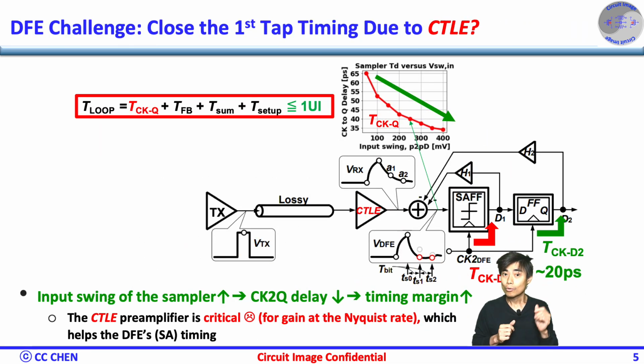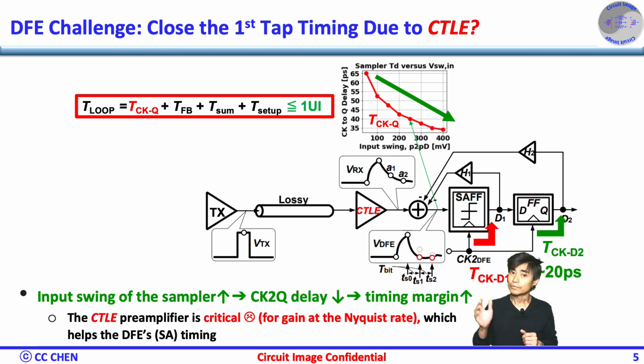If we are only looking at the first sampler and the second flip-flop's input sensitivity, which is the clock to Q delay versus the input swing, the answer is yes. Therefore, we like to increase the input swing of the samplers to decrease the clock to Q delay and increase the first tap's timing margin.